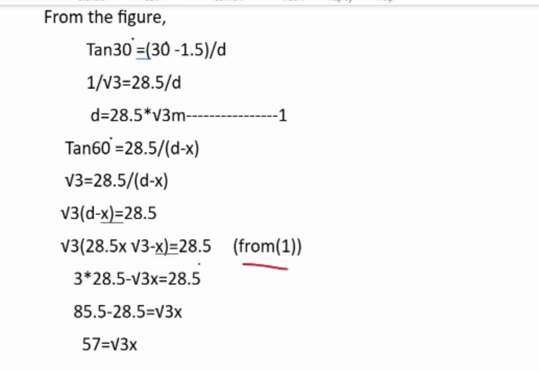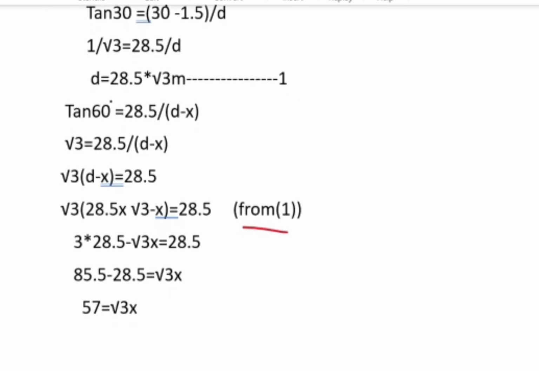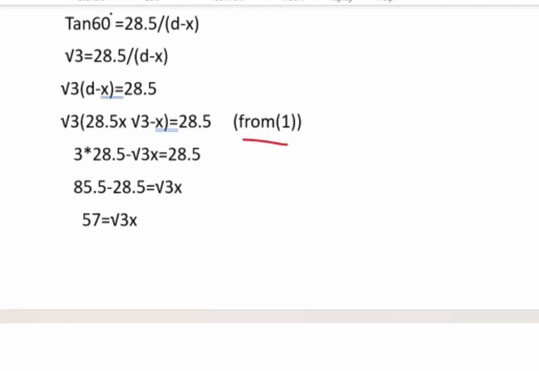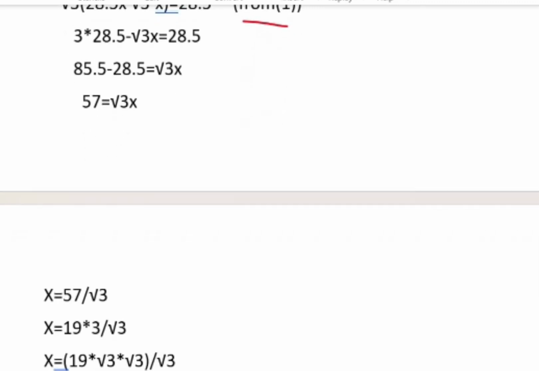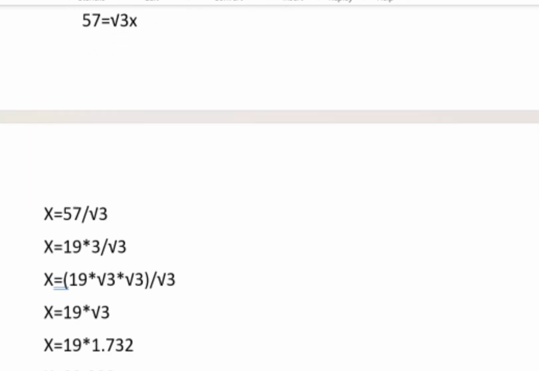If you multiply root 3 inside, you will get the next equation: 28.5 into 3 minus 28.5 is equal to root 3 x. If you multiply and subtract, you will get 57 is equal to root 3 x. x is equal to 57 by root 3. So 57 can be written as 19 into 3 by root 3, and 3 can be written as root 3 into root 3.